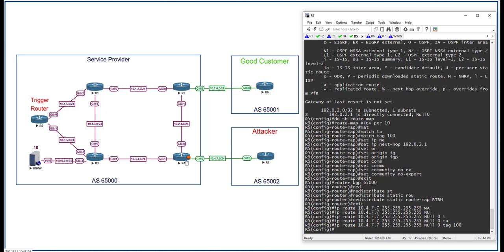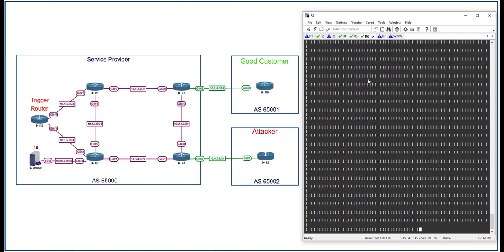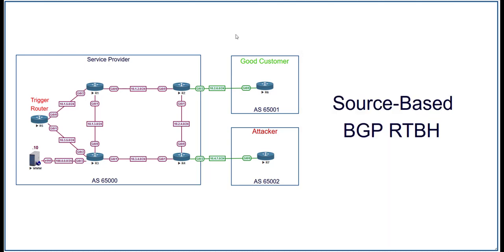Because of that, it will drop it. Look here. In router 6, we don't have any problem. In router 7, as you can see, traffic is dropping. It's very interesting. And I think it is more usable than destination-based RTBH.